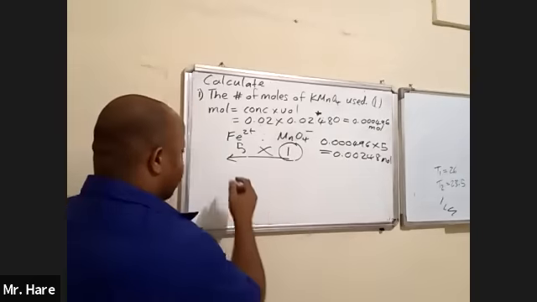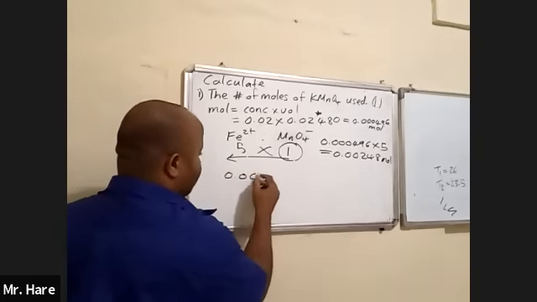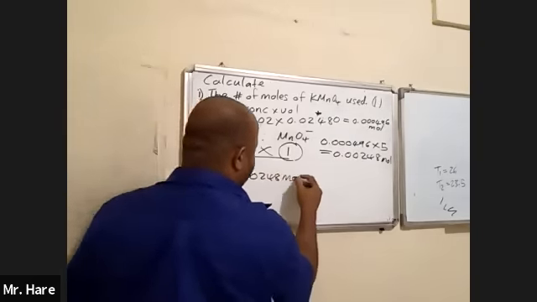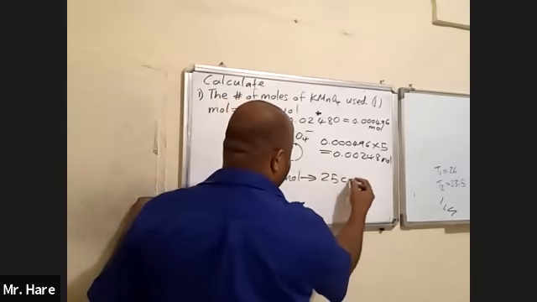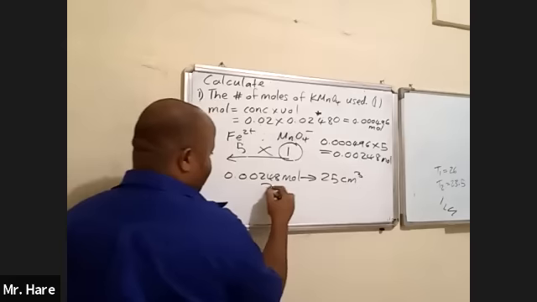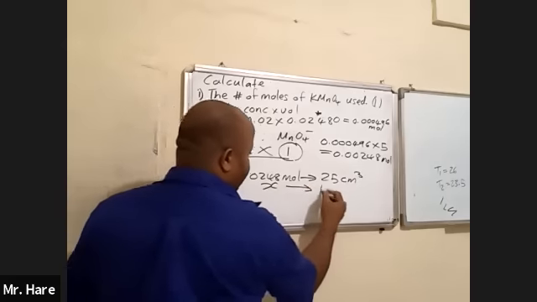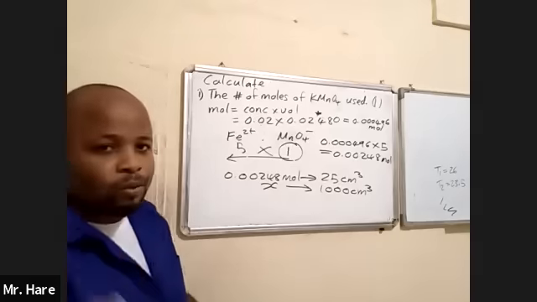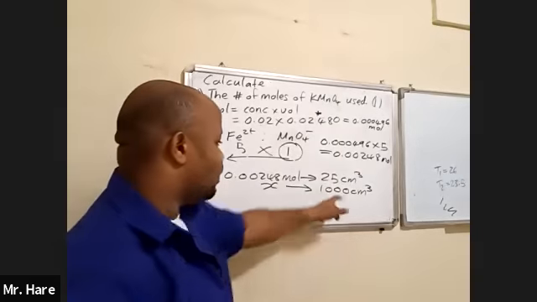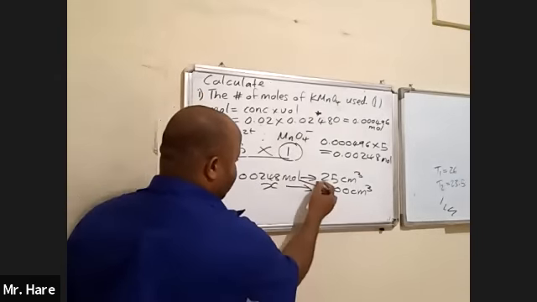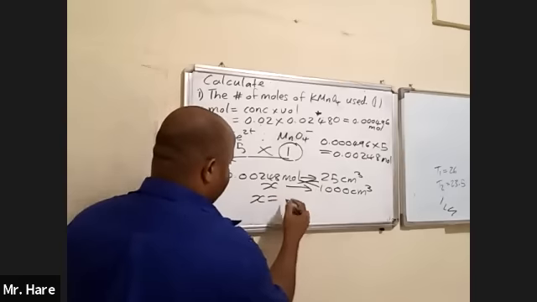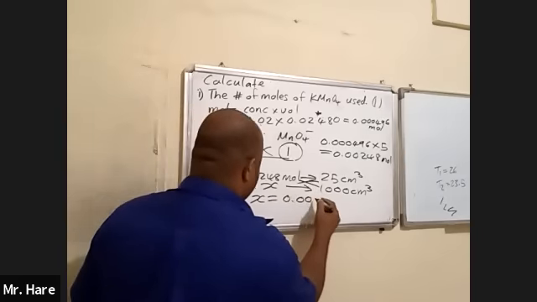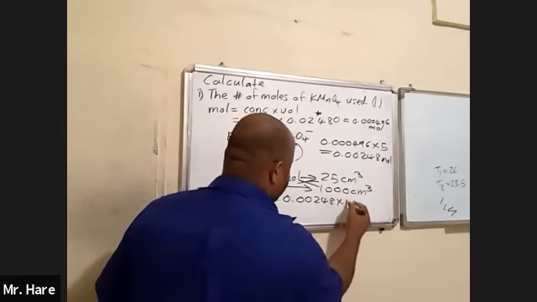This amount of moles, 0.00248 moles is in 25 cm cube, and we would like to know how many would be in 1,000 cm cube. Remember, 1 dm cube is 1,000 cm cube. And so we'll just cross multiply, and we'll get x is equal to 0.00248 times 1,000 divided by 0.099.